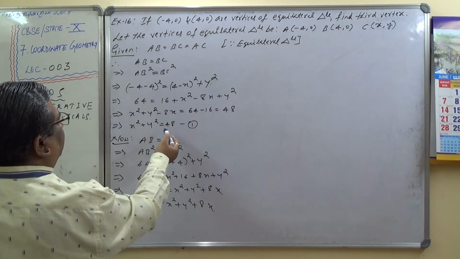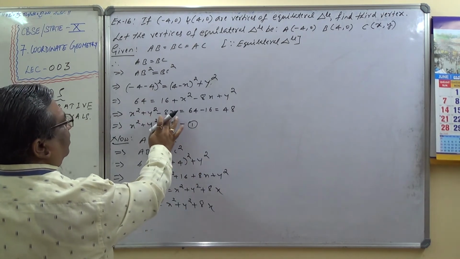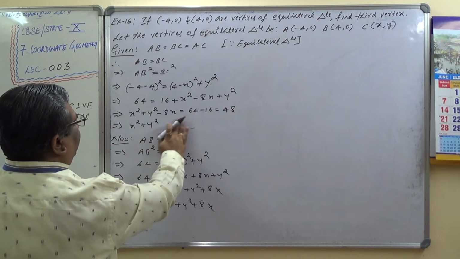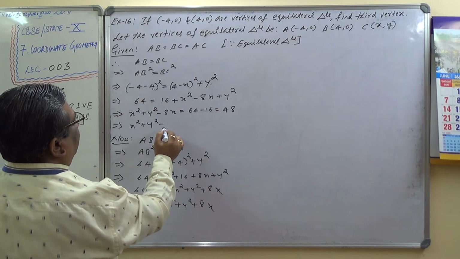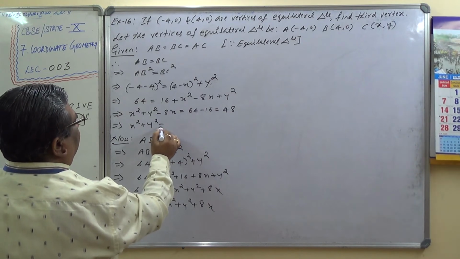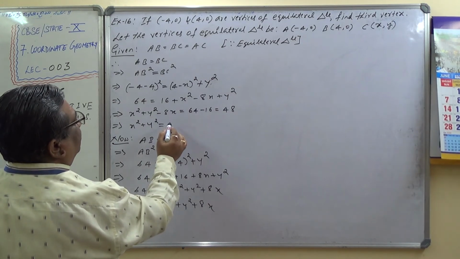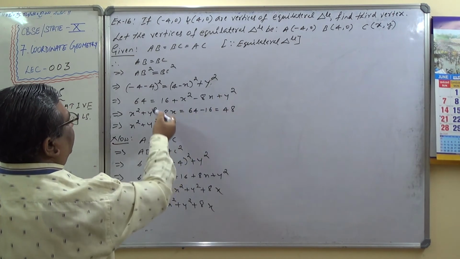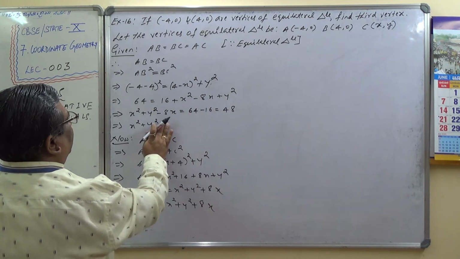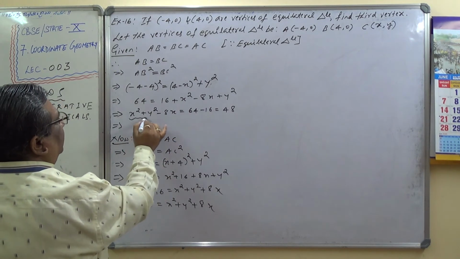Something is wrong. Yeah, here x square plus y square minus 8x I had to write. x square plus y square is equal to minus 8x. Can that be taken here? Just a moment, I just want to modify. I want only these two.